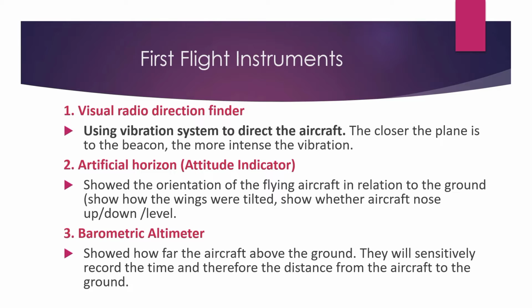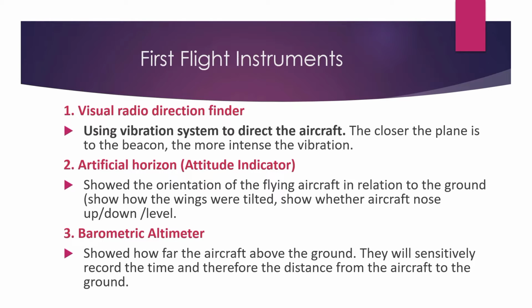Now see the first flight instruments: visual radio direction finder, artificial horizon, and barometric altimeter. The visual radio direction finder used a vibration system to direct the aircraft. The closer the plane is to the beacon, the more intense the vibrations.